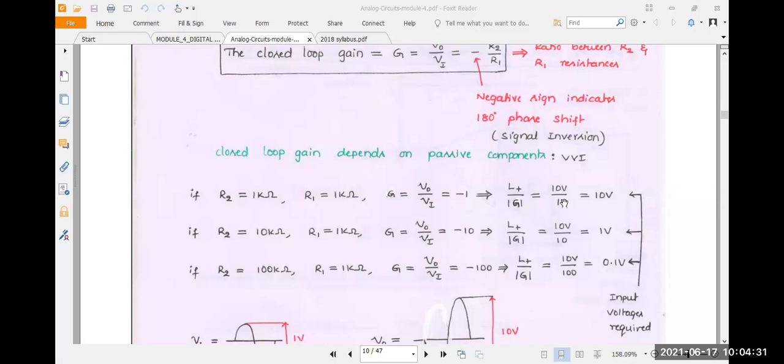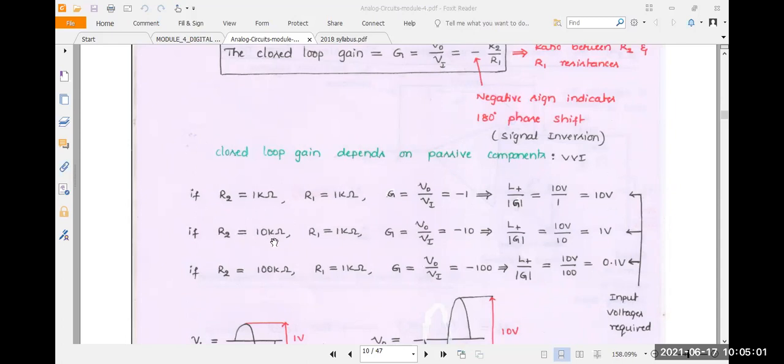What will we get now? 10 volts. We take G to the right side. G value is 1 and V0 is 10. So from that you get 10 volts. Understood? Same thing you can find out here.